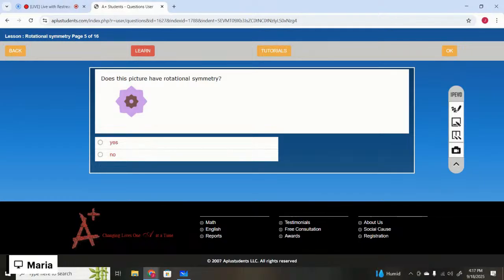Does this picture have rotational symmetry? Yes, option number one is the correct option.